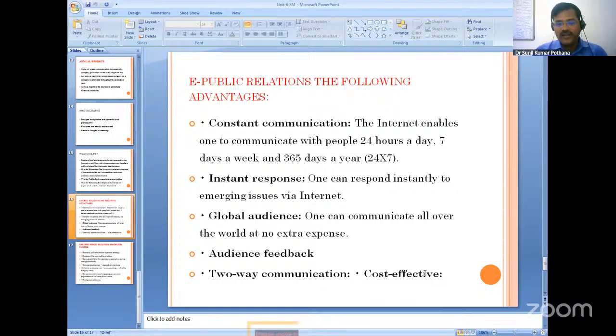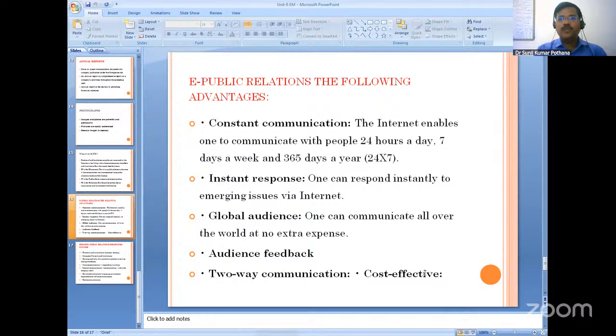Another advantage is two-way communication. Our public relations officer, or a person assigned to this process, can answer the customer immediately. It is possible with two-way communication.